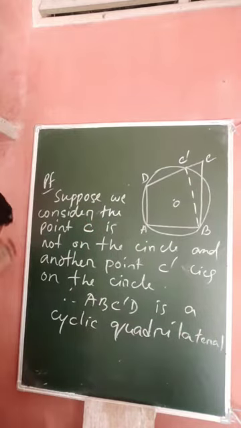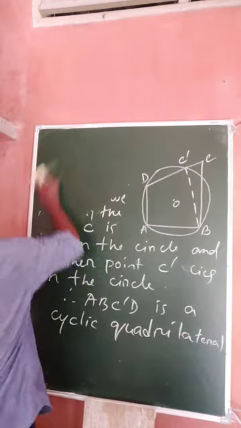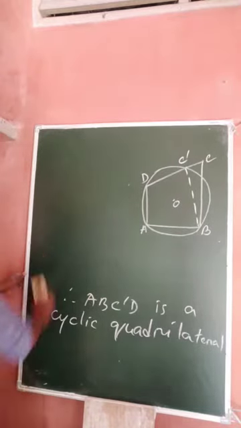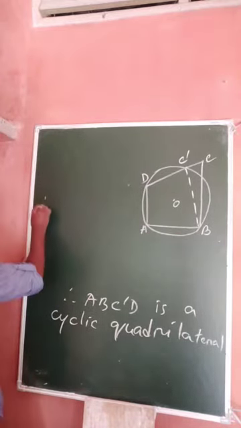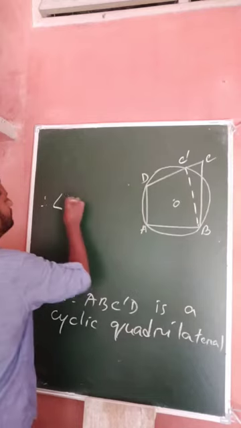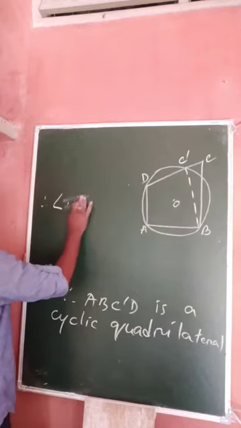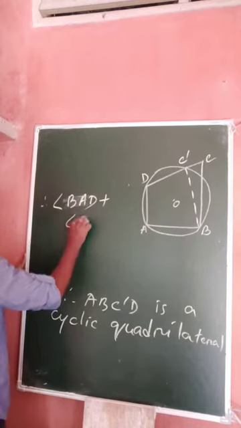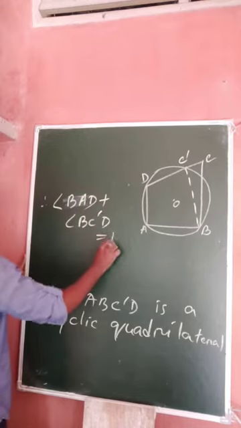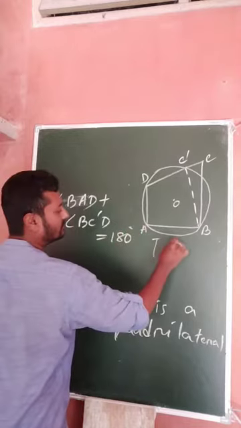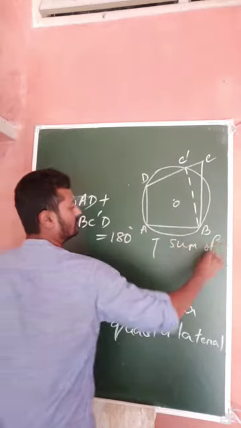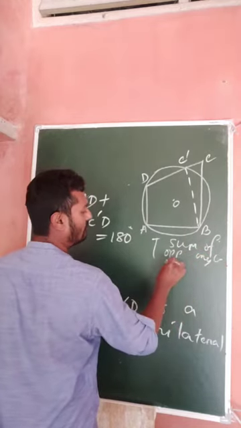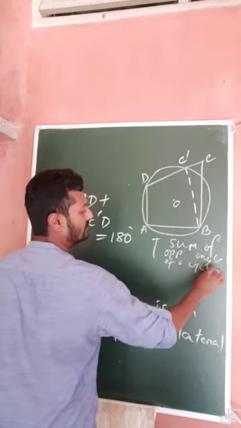Okay. All of you know that in the case of a cyclic quadrilateral, the sum of a pair of opposite angles is equal to 180 degrees. Therefore angle BAD plus angle BC dash D is equal to 180 degrees, the sum of opposite angles of a cyclic quadrilateral.